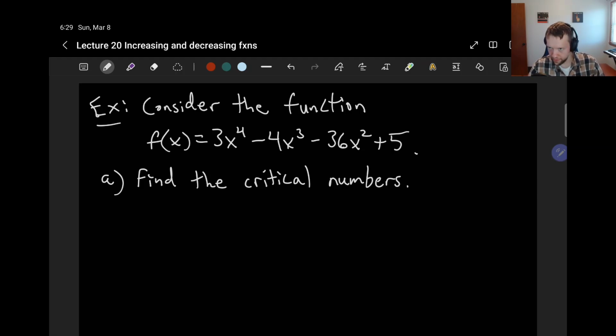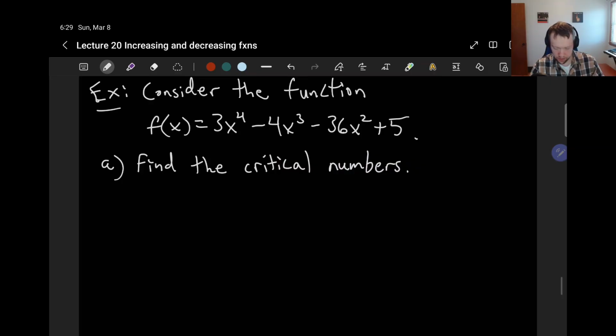Okay, we'll notice that this function is a polynomial, which means the domain is all real numbers. Any x you plug in will be just fine. So we don't have to worry about that endpoint thing. But we do need to examine the behavior of the derivative. So let's take the derivative. This is just a bunch of power rule.